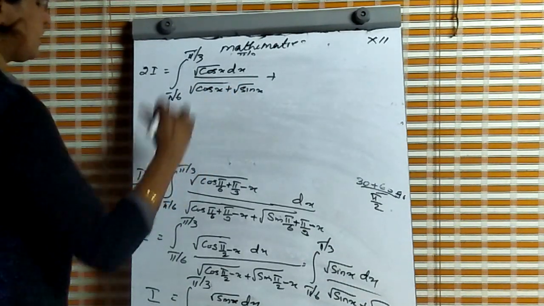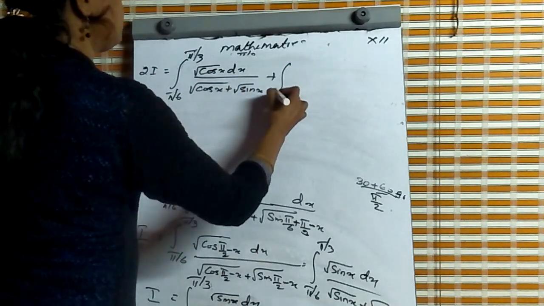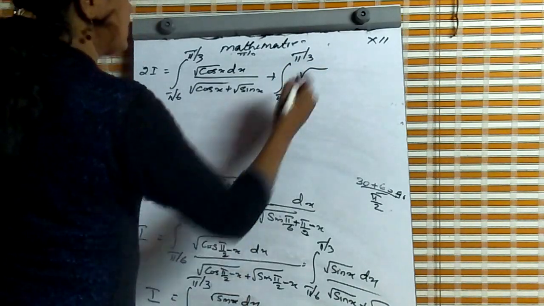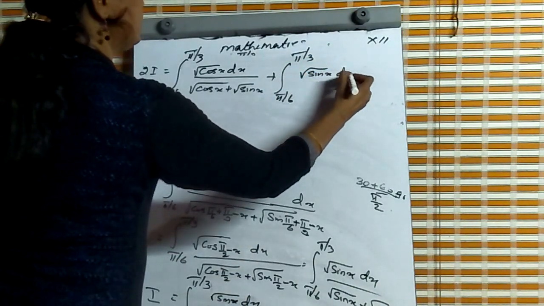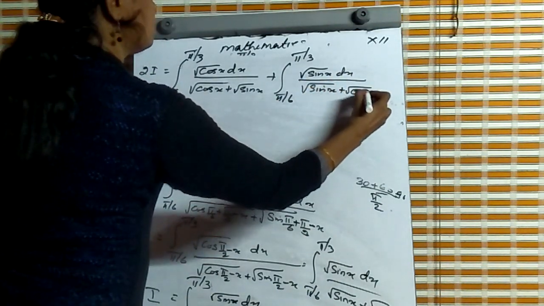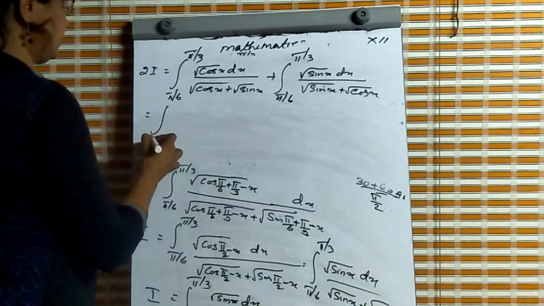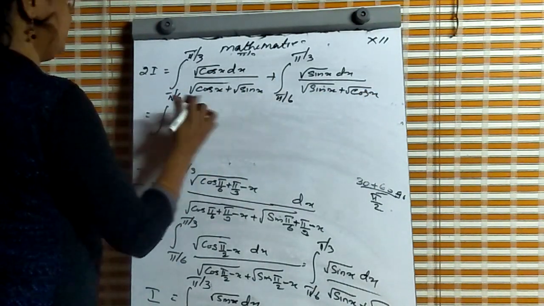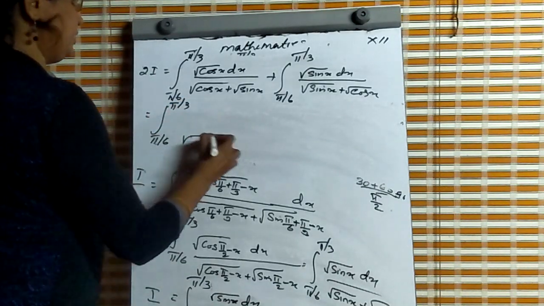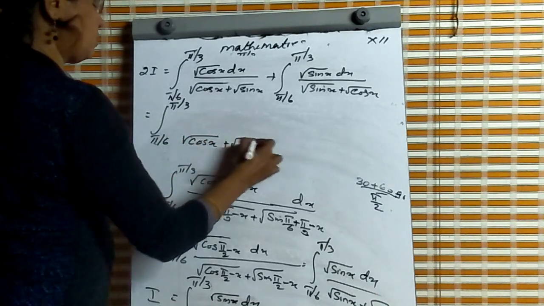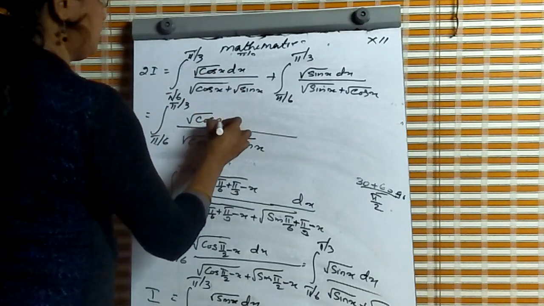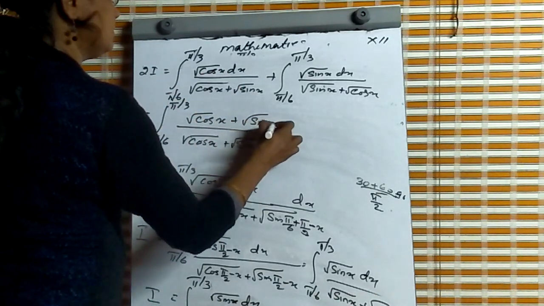This is the first. The right side of the first equation plus the right side of the second equation is the integral from pi by 6 to pi by 3 of root of sin x dx divided by root of sin x plus root of cos x, which is equal to the integral from pi by 6 to pi by 3 with a common denominator, root cos x plus root sin x upon root cos x plus root sin x dx.